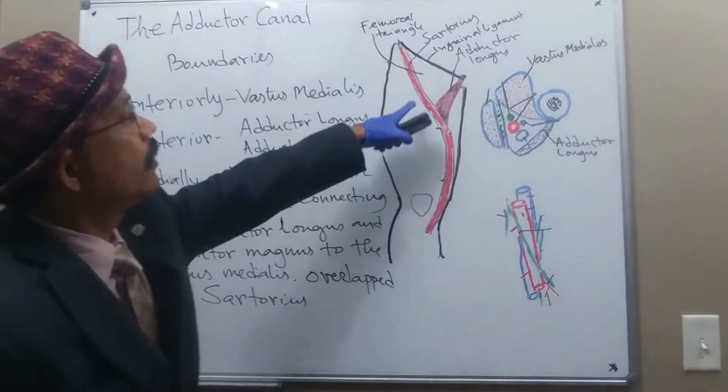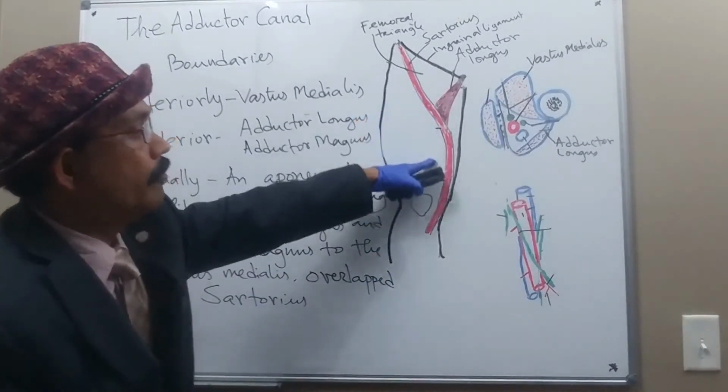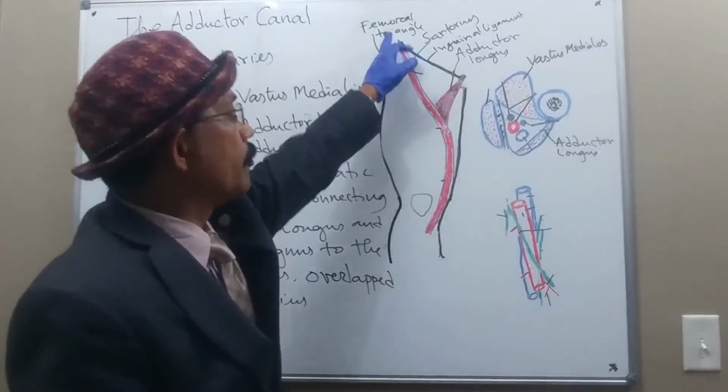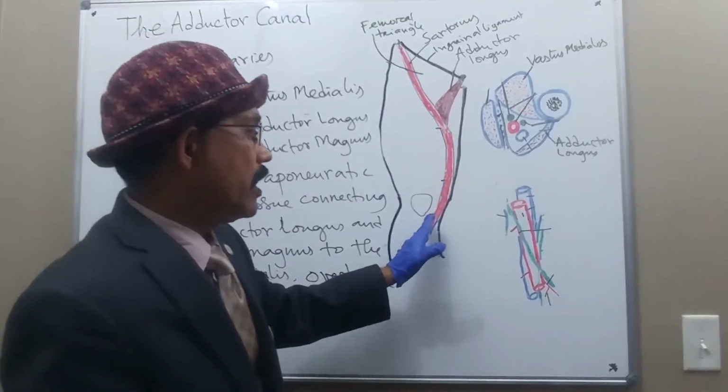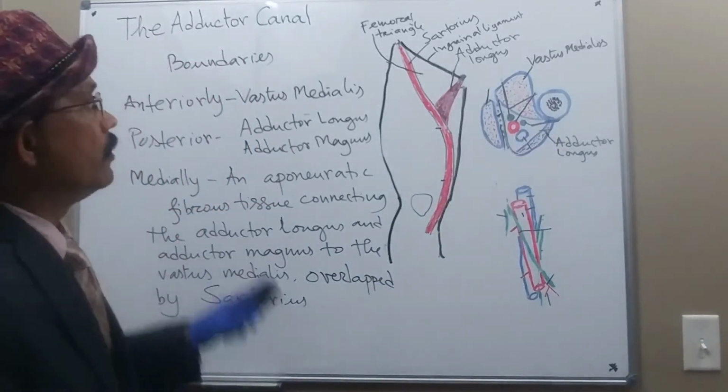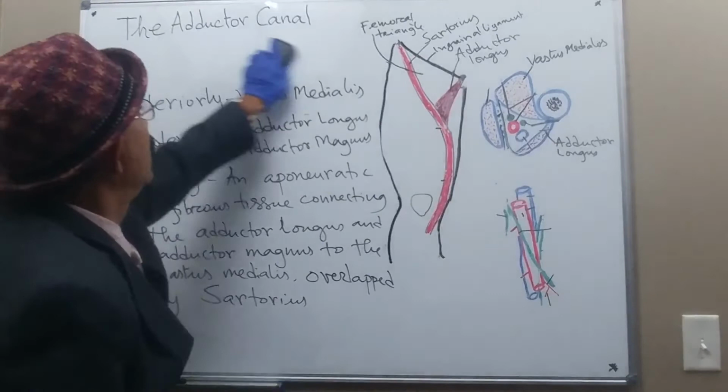This is the sartorius muscle, a very long muscle extending from the anterior superior iliac spine to the upper part of the medial aspect of the tibia. We got the boundaries of the adductor canal.